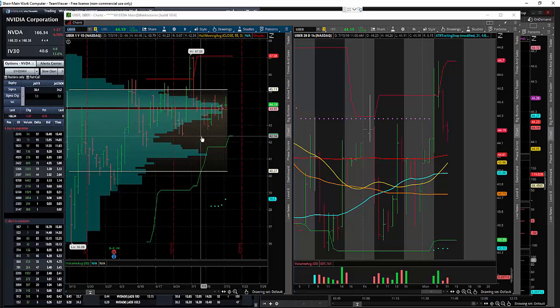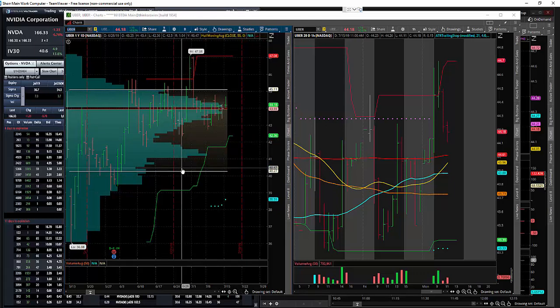So what you're looking for are a couple of things. One, and thus the name of the signal, inside bar. I want my highs to be lower than the highs of the day before. I want my lows to be higher than the days before. So this bar is inside of this bar. Once you have that, then you have an inside bar.